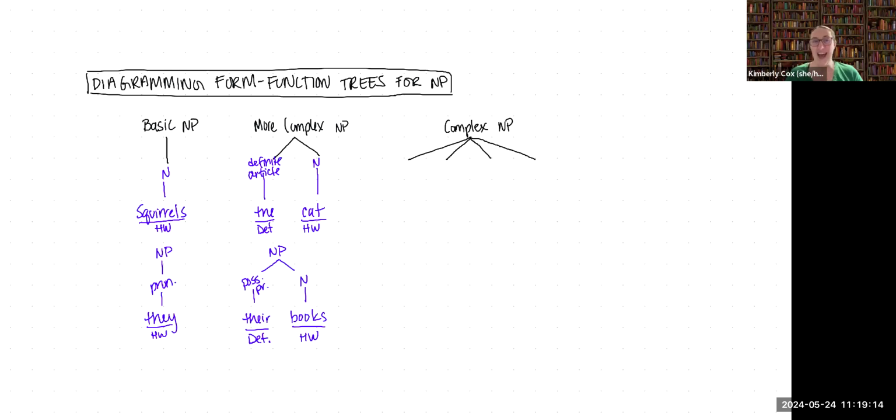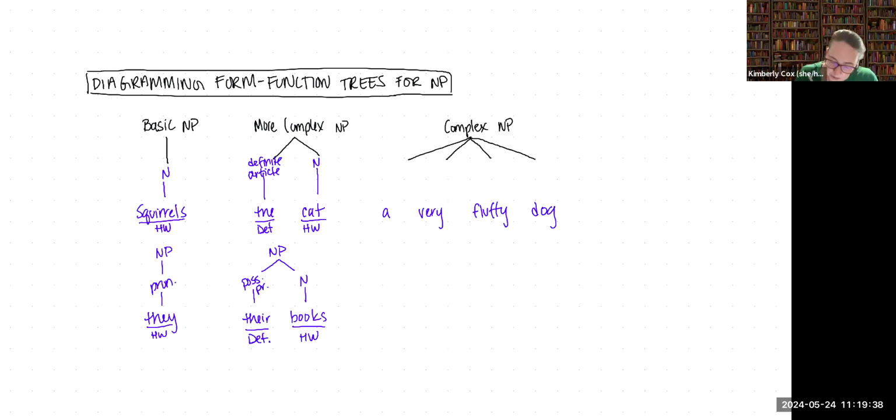Now let's look at a quite complex one. So let's say the or a very fluffy dog. Okay, so four words, more complex.